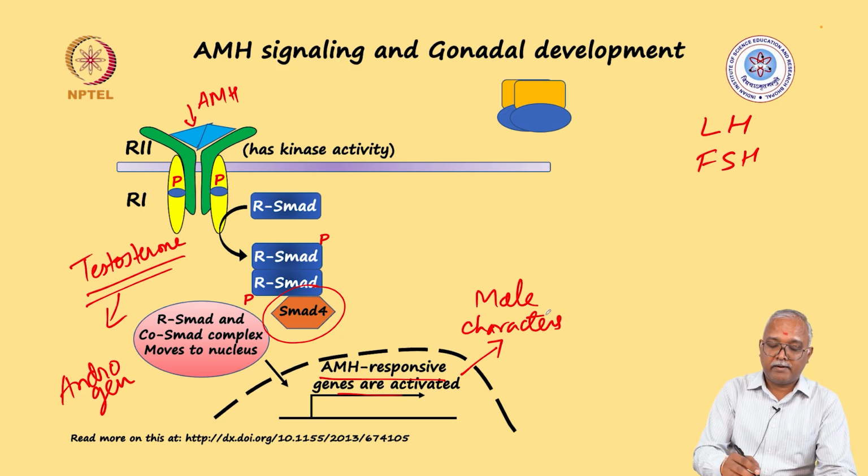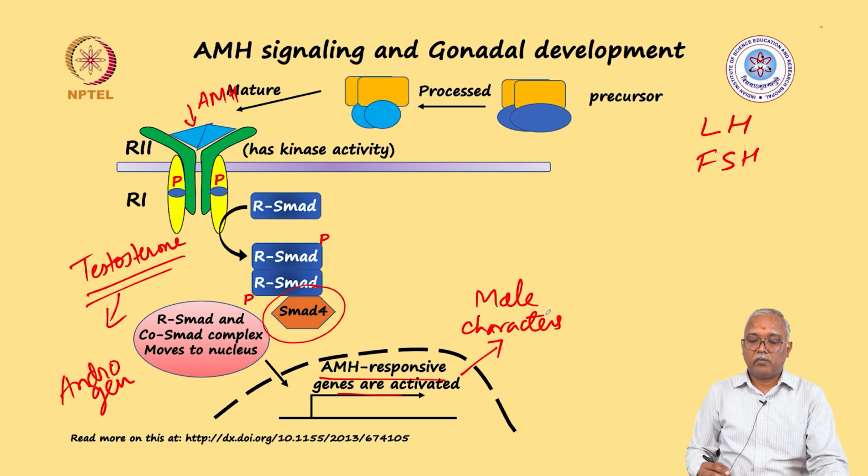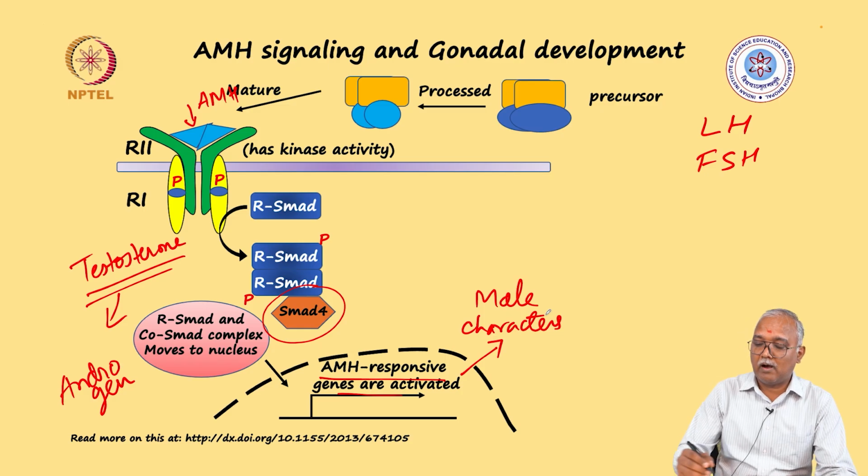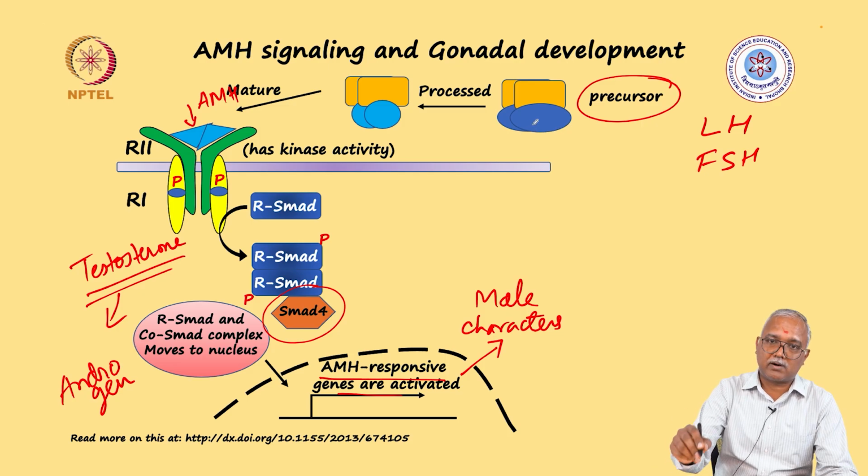But when the signal is not available, there is no signaling. But even when the signal is there, there is a regulation of availability of the signal, and this is where we have discussed this, that how a signal can be produced as a precursor to ensure that although it is available but it is not active and not responding to the receptor.